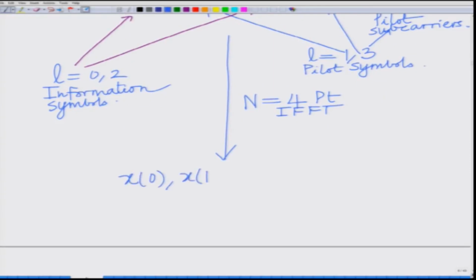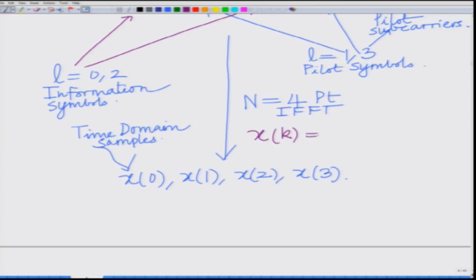These are your x0, x1, x2, x3, which are the time domain samples, and in fact the kth sample is given as x_k equals 1 over N summation l equal to 0 to N minus 1 capital X_l e power j 2 pi k l divided by N.